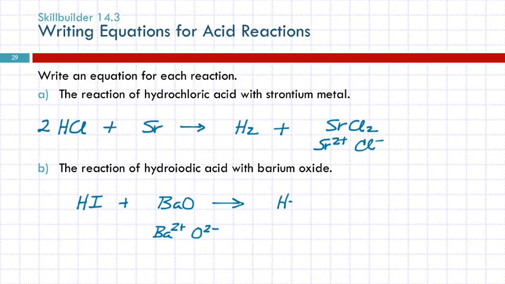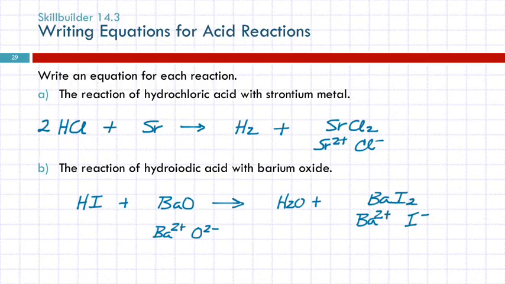So make water, H2O. And then what's our possibility for the salt? Well, the hydrogens and the oxygens are all going to go into the water. And then we're going to have barium and the other ion there is iodide. And we look at the charges, and those charges will tell us what the formula for the compound is, which is BaI2. And then we need to balance it.